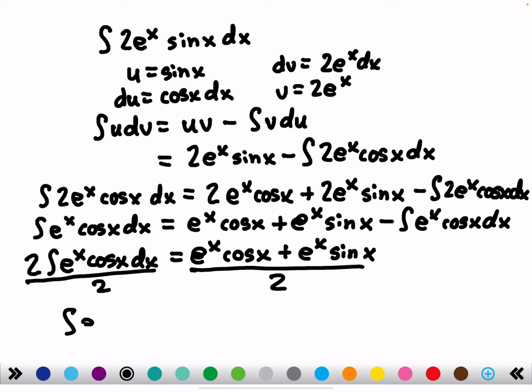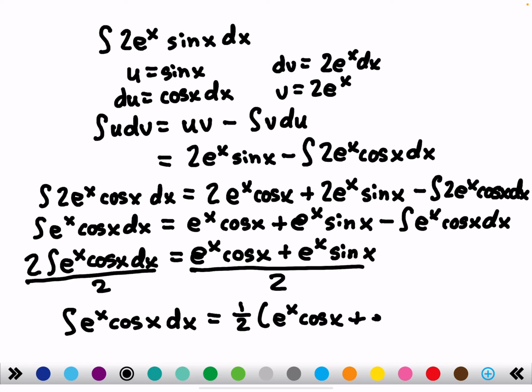So the integral of e to the x cosine x dx is 1/2 of the quantity e to the x cosine x plus e to the x sine x, and just add on plus c.